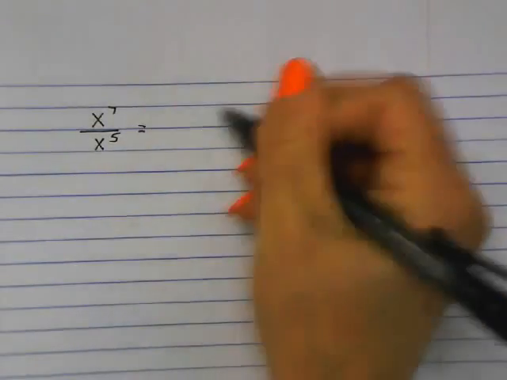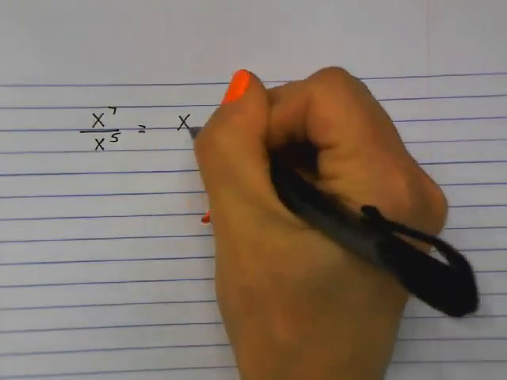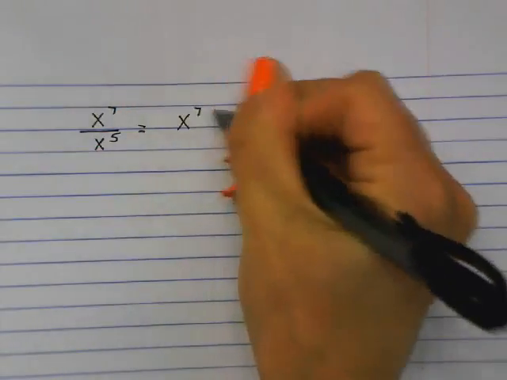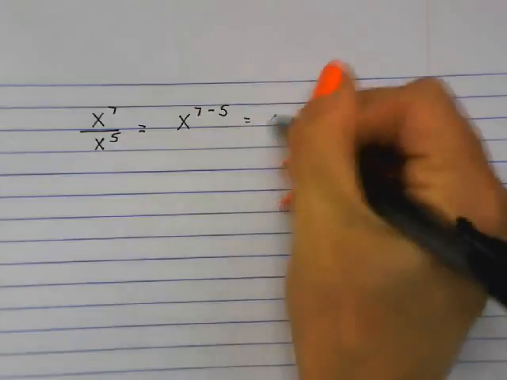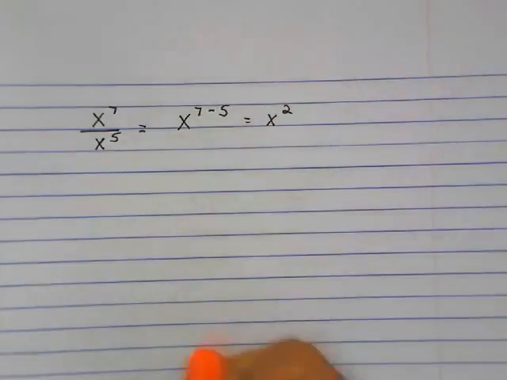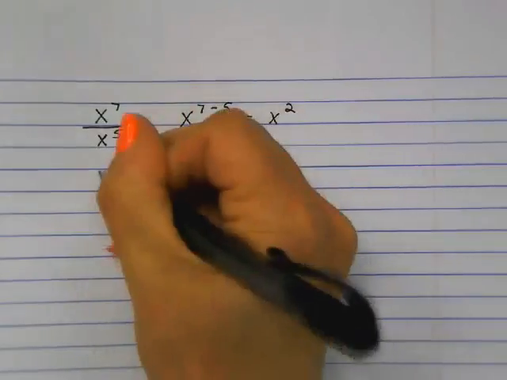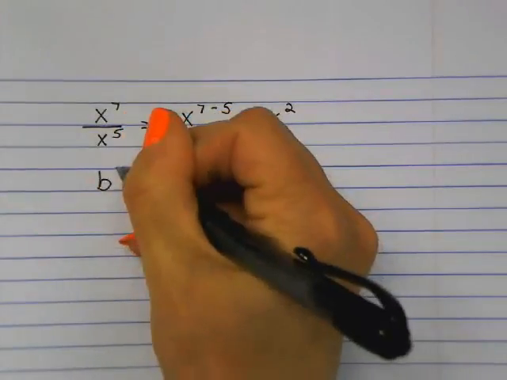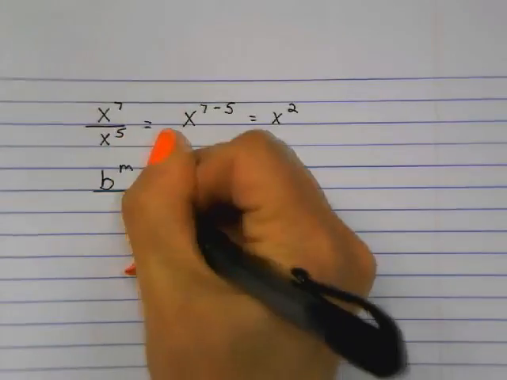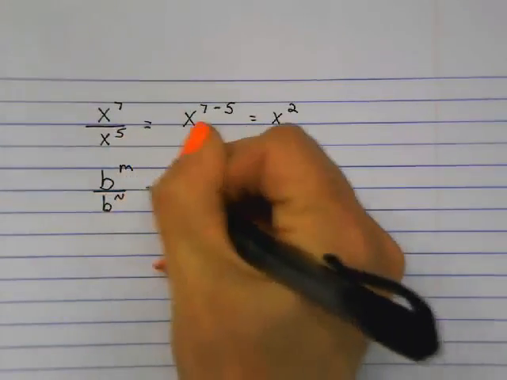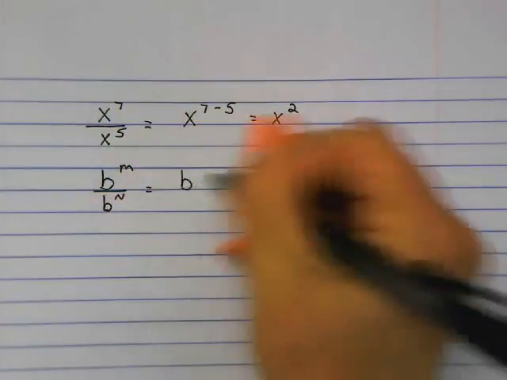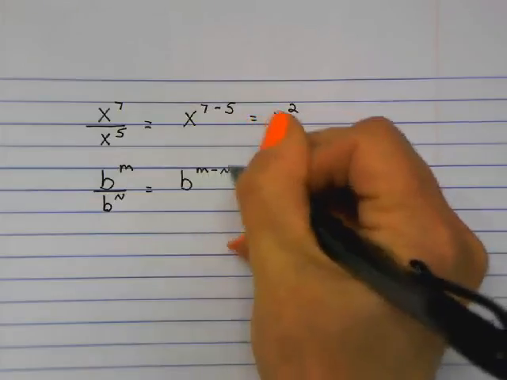If you remember, since you were dividing, you would really subtract 7 minus 5, and you'd get x squared. So in exponential terms, if I have b raised to an m power over b raised to an n power, I can say that's b to the m minus n power.